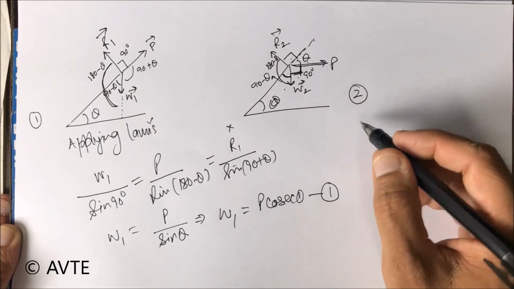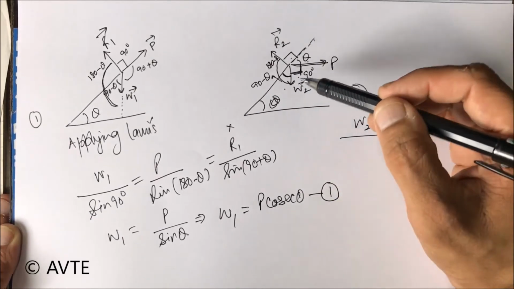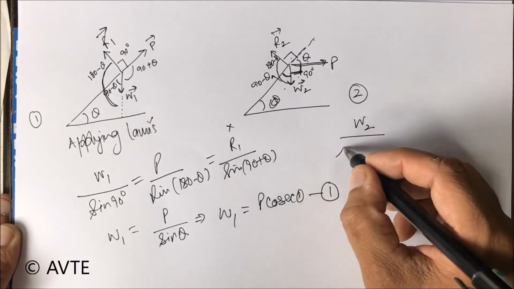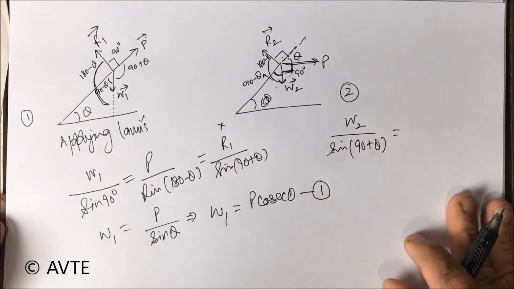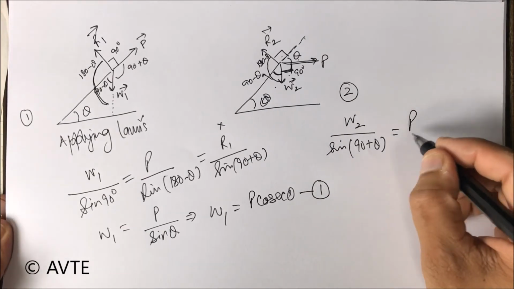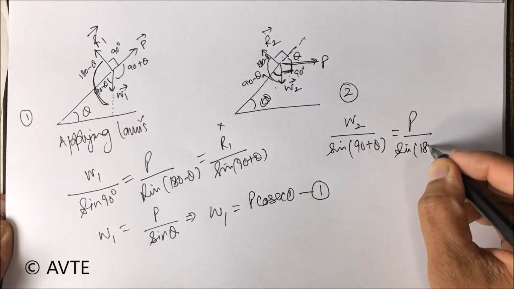In the same way we apply Lami's theorem, but this time for W2. So W2 upon the angle opposite to it, sine 90 plus theta, equals P upon sine 180 minus theta.